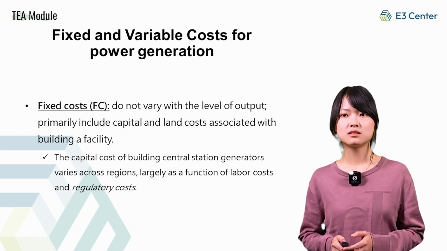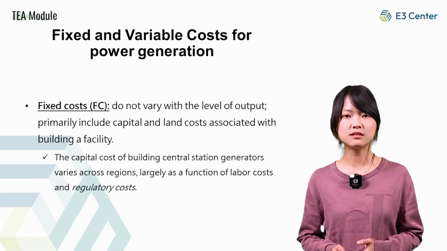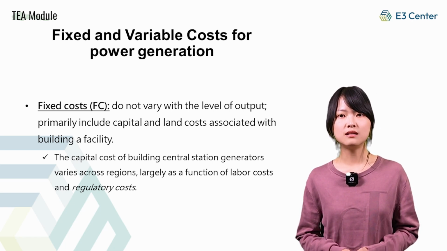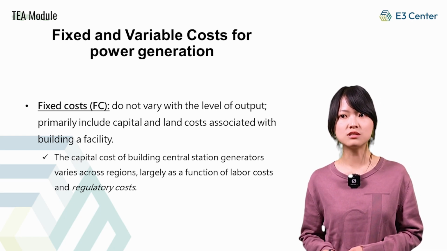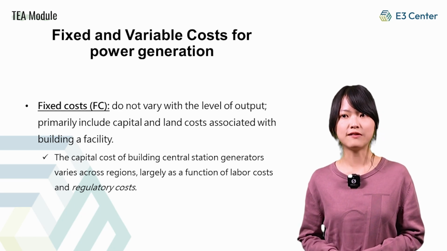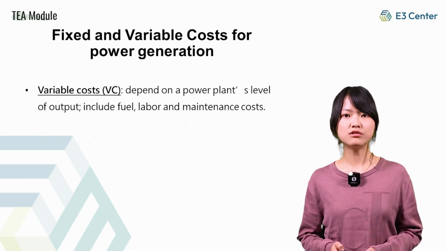Regulatory costs, such as obtaining siting permits and environmental approvals, also fall into this category. These costs are significant as they vary across the regions and are largely influenced by local regulations and the environmental impact assessment required.